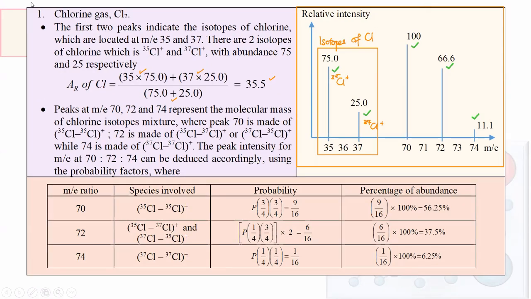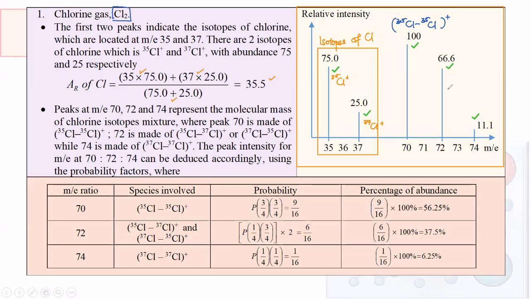Now, for the last three peaks, 70, 72, and 74, what do they represent? They are actually the representative of the molecule, because don't forget, chlorine exists naturally as Cl2 diatomics. So let us do a little mathematics. What makes up 70 from chlorine 35 and chlorine 37? The m over e at 70 is made of 35Cl and 35Cl, so you must put a plus.